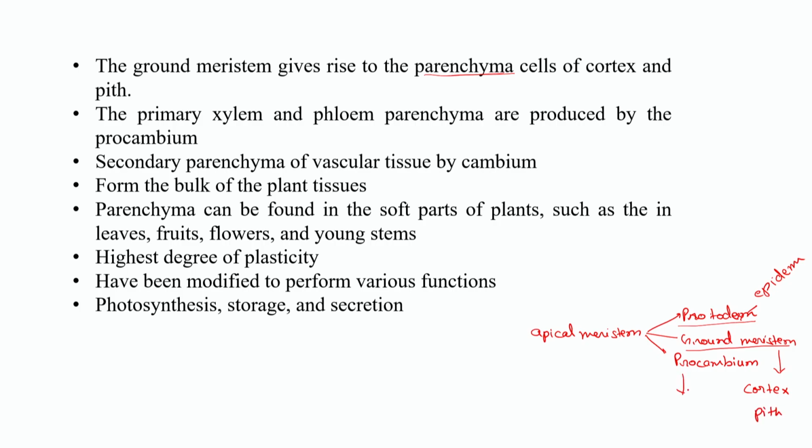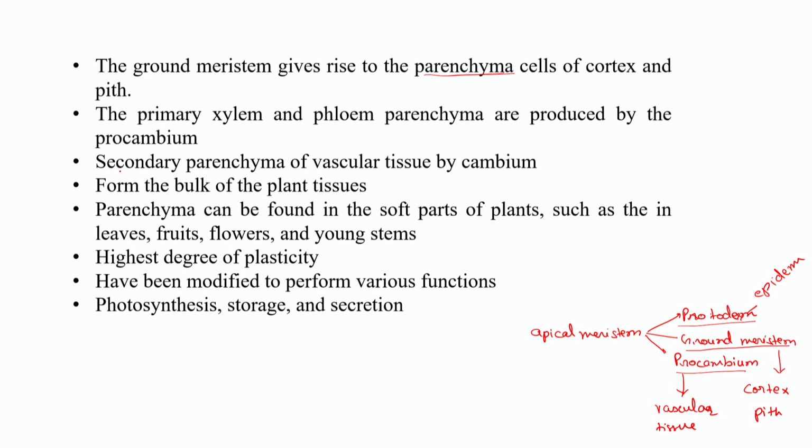Similarly, procambium will also give rise to parenchyma of the vascular tissue. When we study vascular tissue, we will see that a lot of parenchymatous tissues, some living tissues, are also there. So, they are derived from procambium.